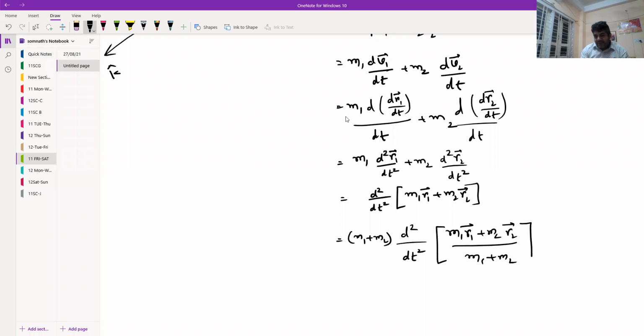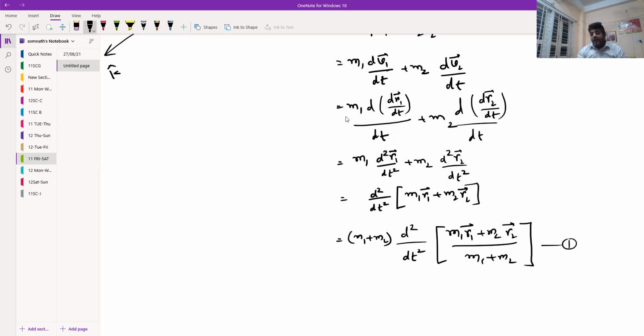I can multiply by m1 plus m2 and divide by m1 plus m2; it will have no effect. So let it be my first equation. And that is actually the net force applied on the two particle system whose masses are m1 and m2 and positions are r1 and r2. Yes, everyone? Okay.